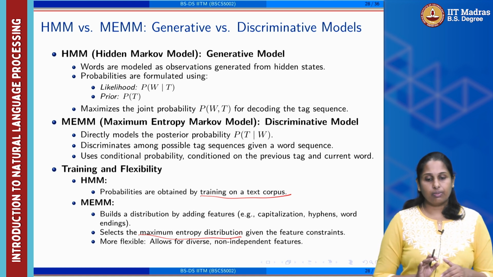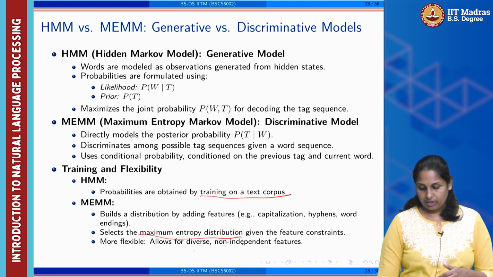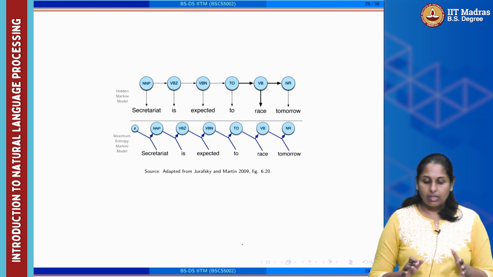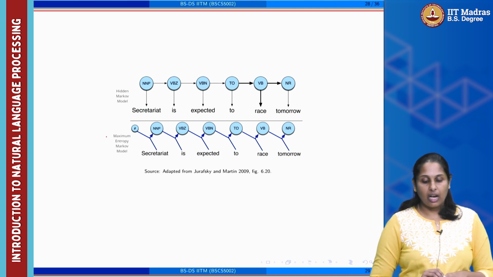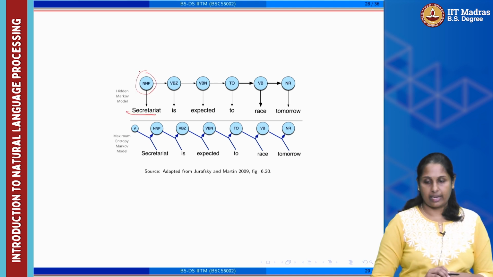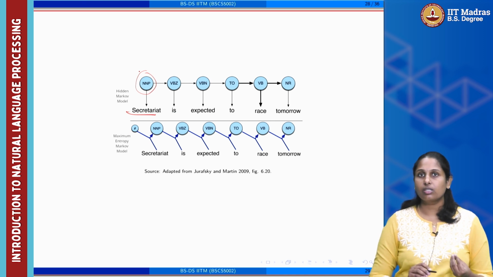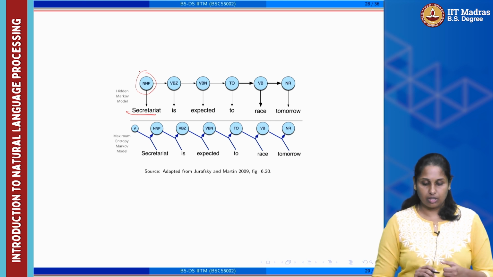It is more flexible than HMM because it allows for diverse and non-independent features. So, the difference between the HMM and MEMM, as you could see, HMM looks at the words and hides the tags, and it actually uses the transition and the emission probabilities to identify the probability distribution.